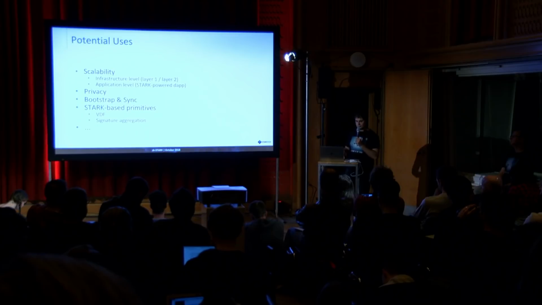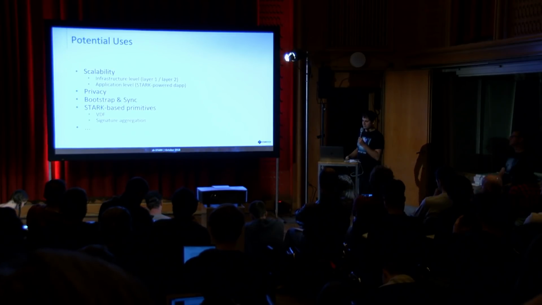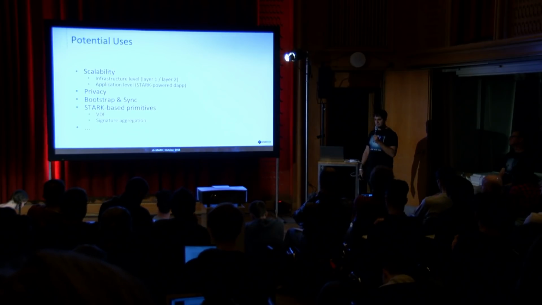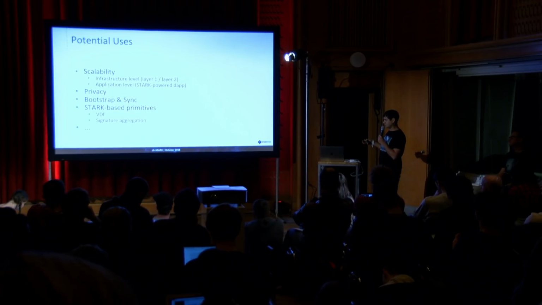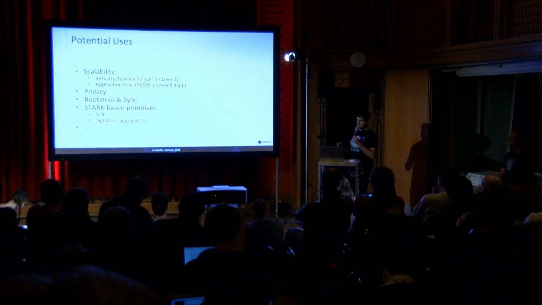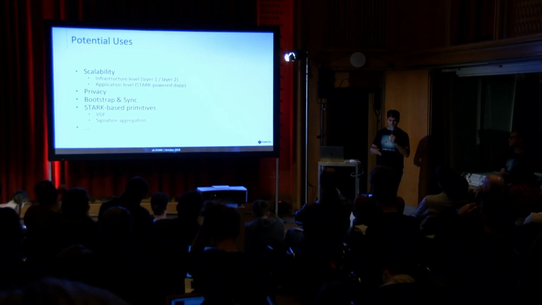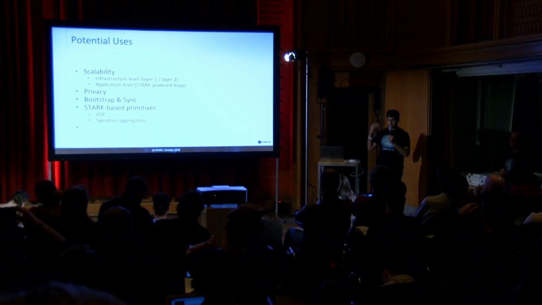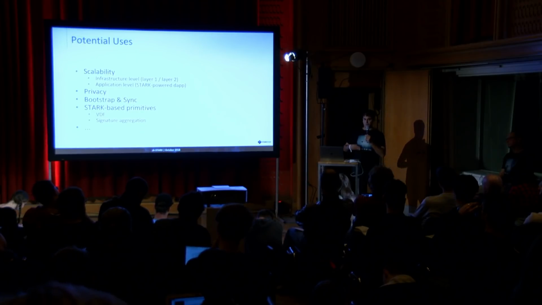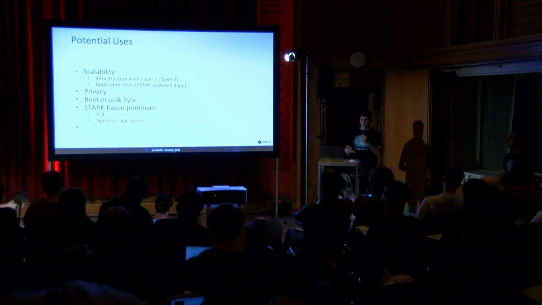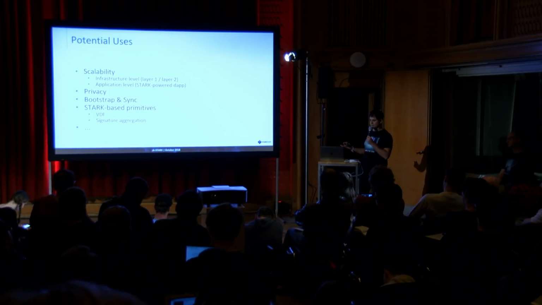And we also have uses for Stark-based crypto primitives, such as VDF and signature aggregation. So in two words, in VDF, the idea is that you want some function where, even though you know the inputs to it, you don't know what the output is going to be. So you can't play with what the output is going to be.